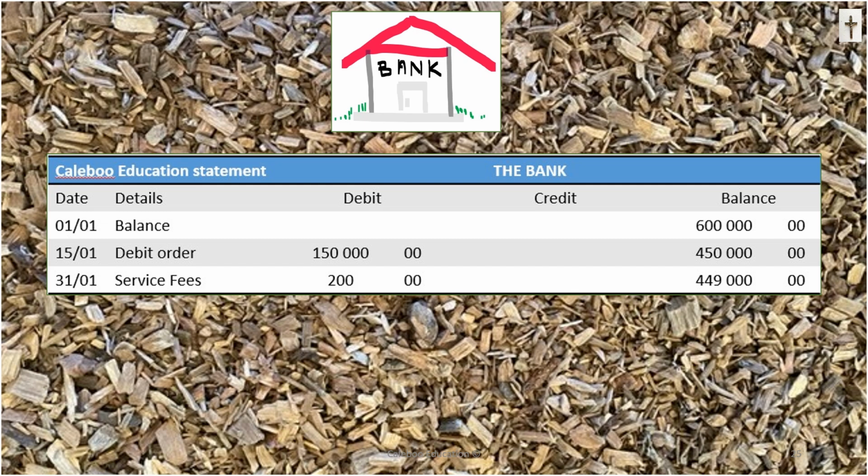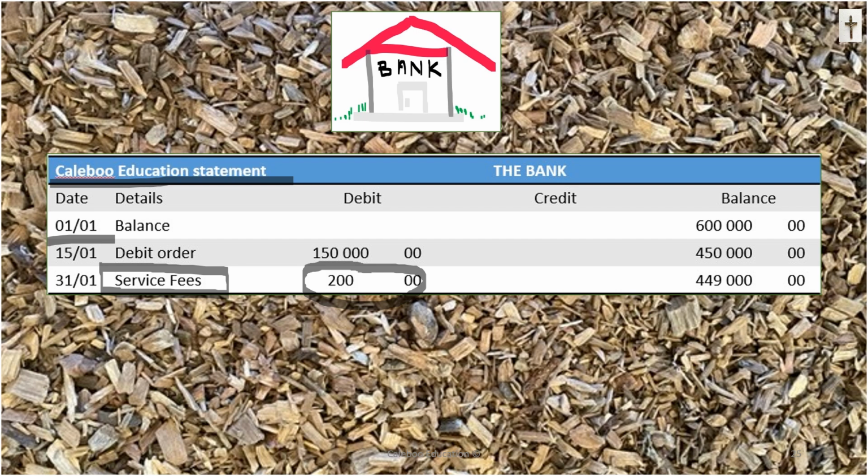The bank statement arrived, and this is what we were made aware of. Service fees, which the bank charged us, charged Caribou Education. And this is a summary of all the transactions for the month of January. It's just an example of a statement, so there aren't too many transactions listed here.